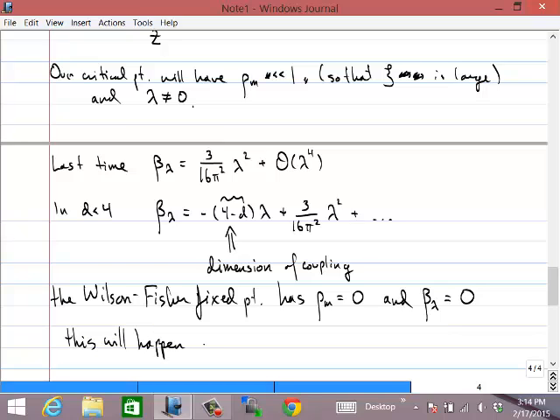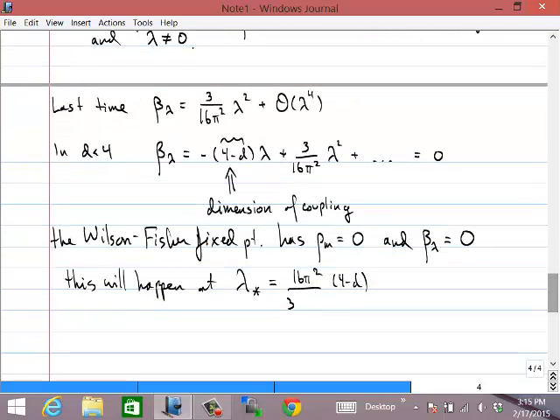And this will happen at a finite value of the coupling constant, which is just found by setting this beta function equal to 0, which is given by 16 pi squared over 3 times 4 minus d. So one of the things to notice about this formula is that lambda is not small at this fixed point.